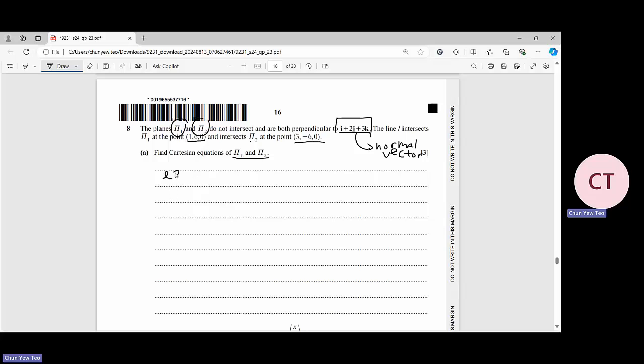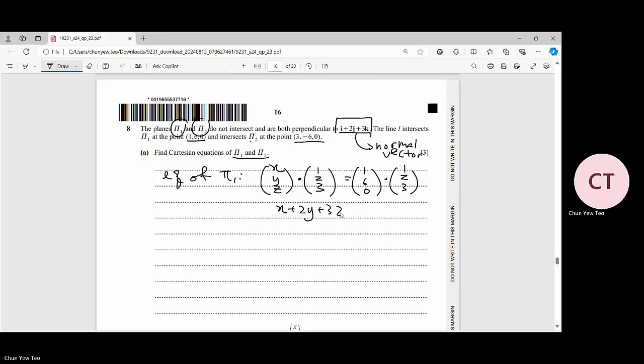So for the equation of pi 1, your normal vector is (1, 2, 3), and this is x, y, z, a random point. Then the point on pi 1 is (1, 6, 0), as given in the question. You will get this as the answer.